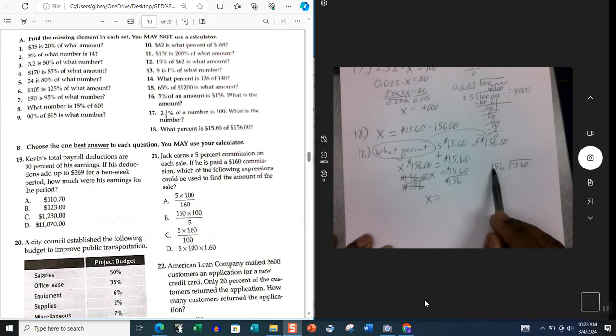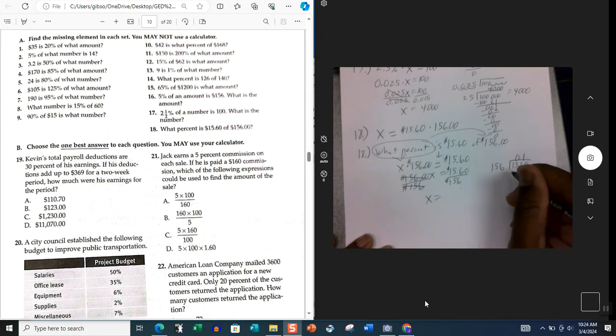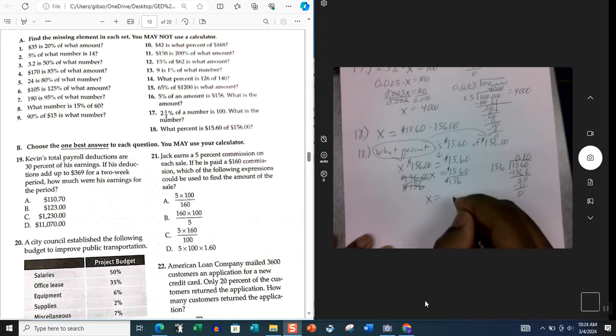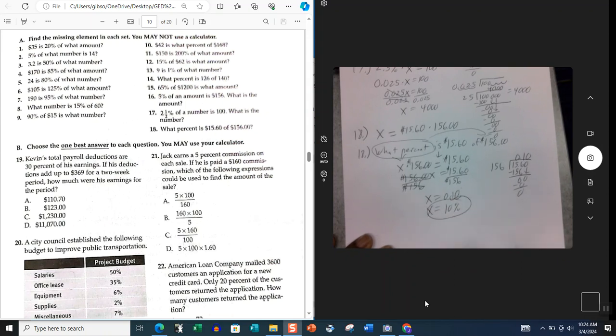Bring up our decimal. 156 goes into 15 0 times. 156 goes into 156 once. 156 minus 156 is 0. Bring down your 0. 156 goes into 0 times. And your answer here is 0.10. But we have to change that to a percent by moving the decimal 2 places to the right. So x is 10%.